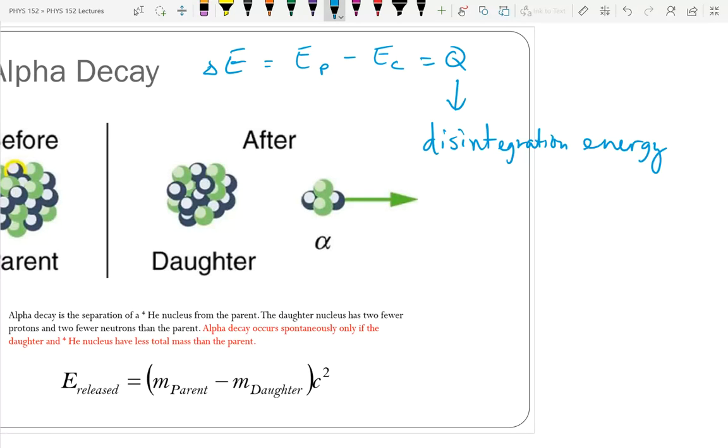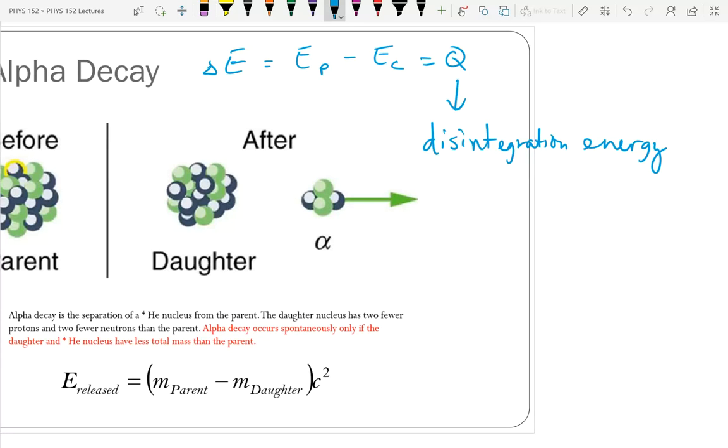If it's naturally occurring, it's going to be exothermic, which means it's going to be giving off energy. So the Q, the disintegration energy, is going to be positive if it's naturally occurring, because it'll be exothermic. Endothermic, you have to put in energy to make it happen. So only things with a positive disintegration energy are going to naturally occur. The only way to make things occur with a negative disintegration energy is to force it.